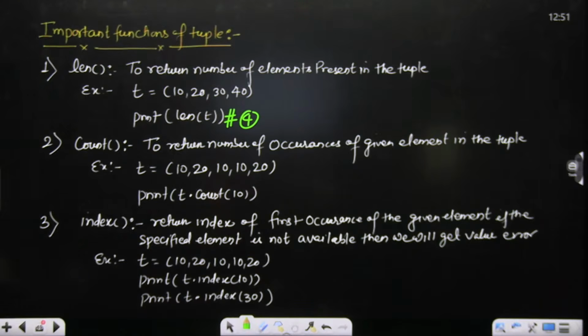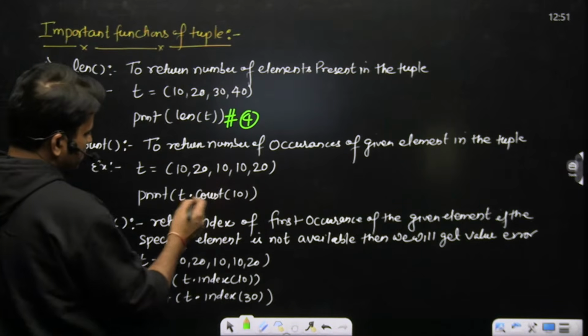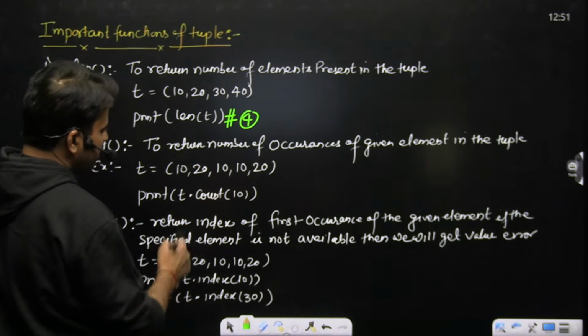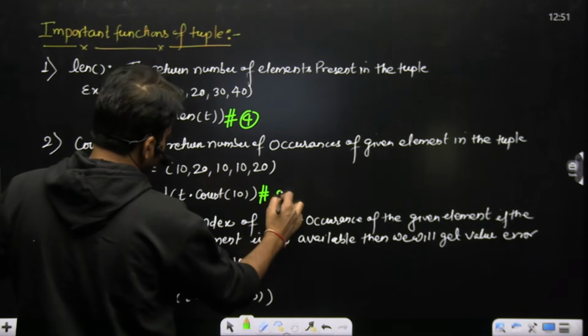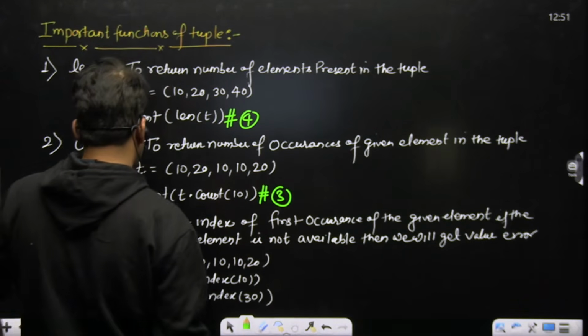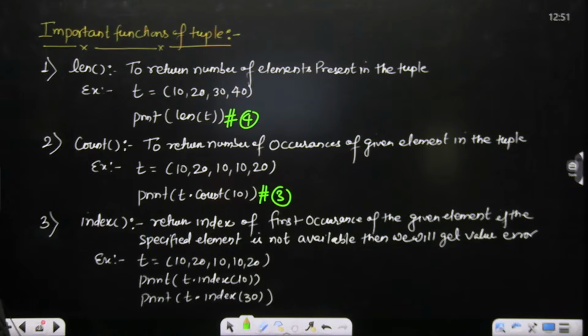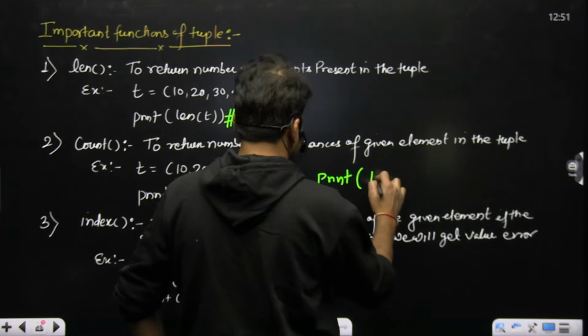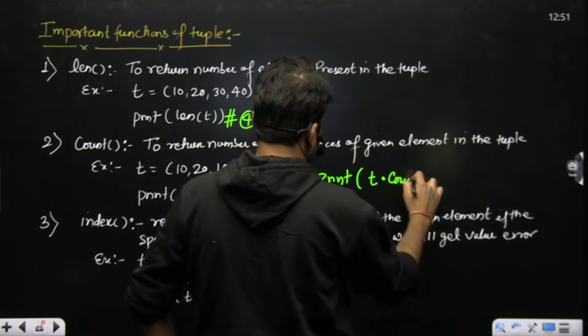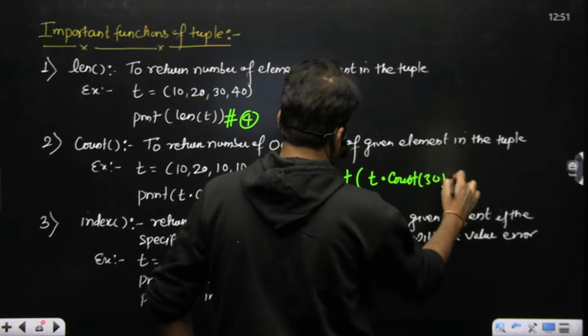Count returns the number of occurrences of a given element in the tuple, student. So t dot count 10. How many times is 10 there, student? Sir, 3. So the output of this is 3. Now if I want to print t dot count 30, what is the output?